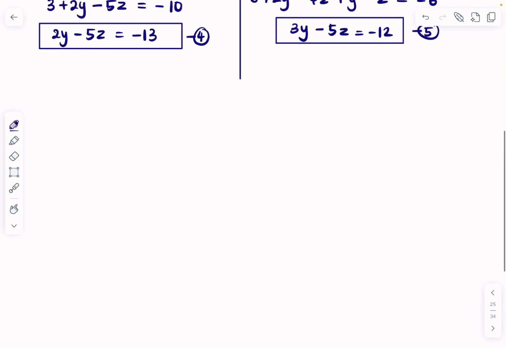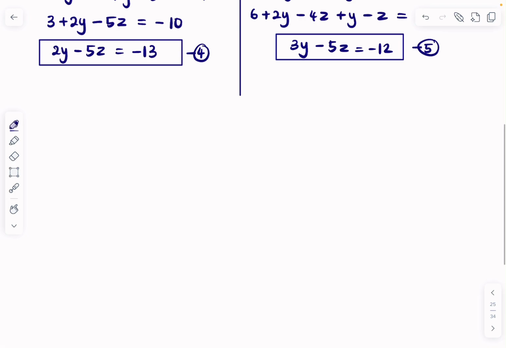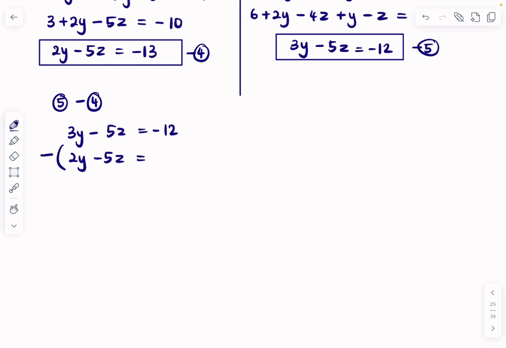Okay. Now we can solve this using elimination, since both also got 5z and 5z. So to eliminate the negative 5z's, we minus equation 5 with equation 4. So we'll get 3y minus 5z is negative 12 minus with 2y minus 5z is negative 13.